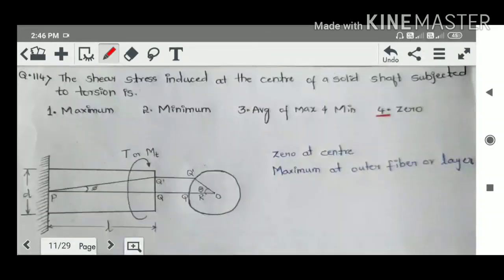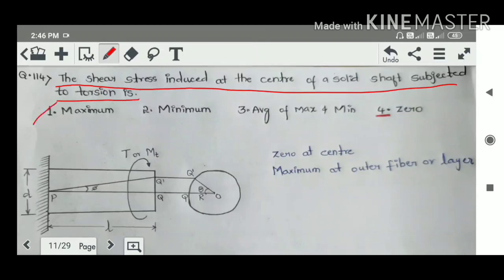Let's move on to question number 114. The shear stress induced at the center of a solid shaft subjected to torsion is, and the options are maximum, minimum, average of maximum and minimum, 0. As you can see here, a shaft fixed at one end and free at the other end. This is the diameter of the shaft. Consider a line PQ on the outer surface of the shaft. If we give a torque like this, the line PQ will shift to PQ dash.